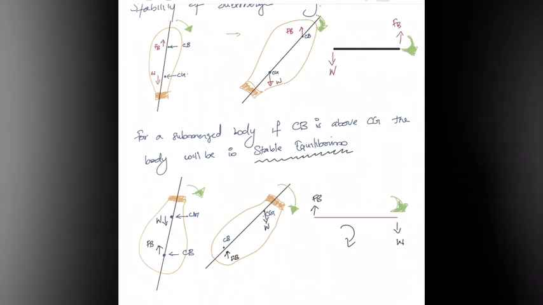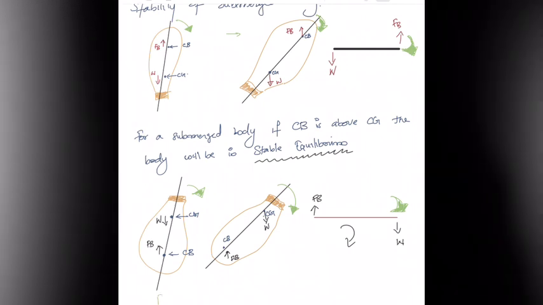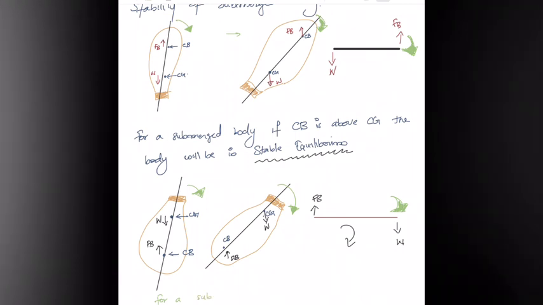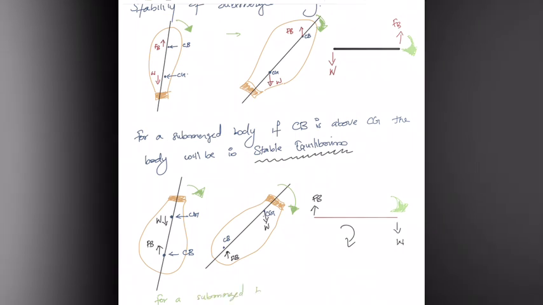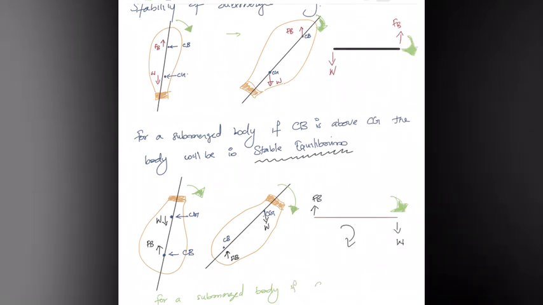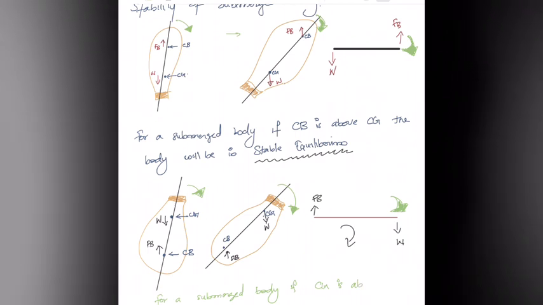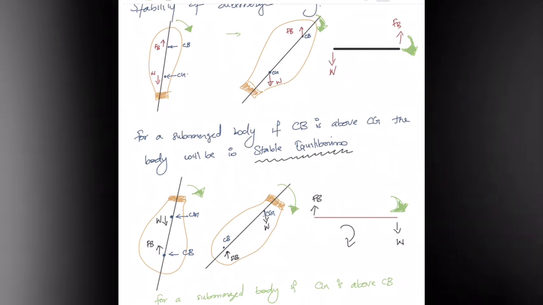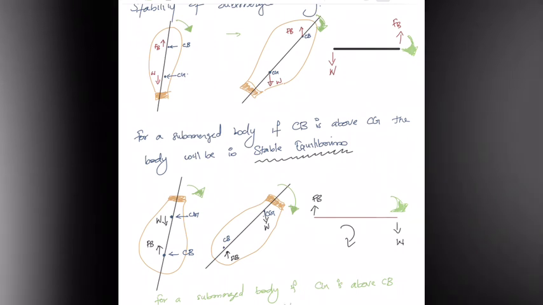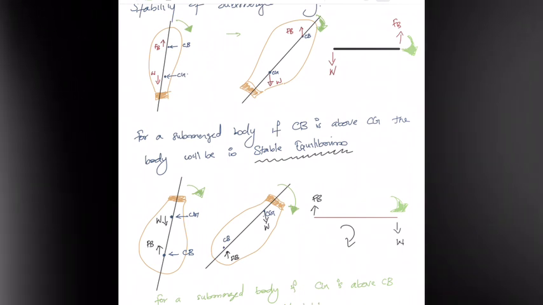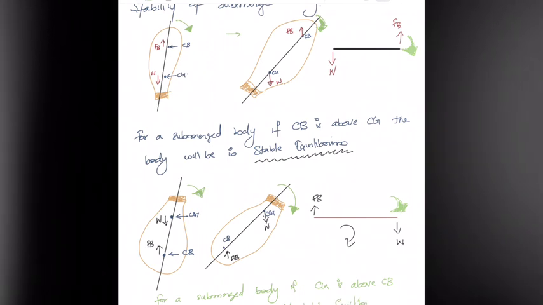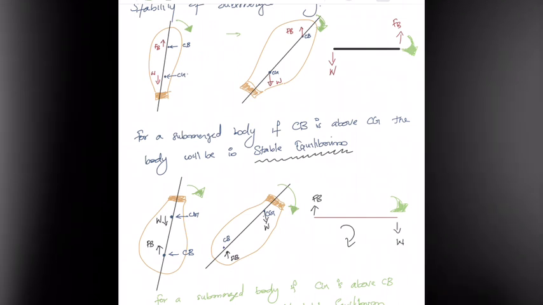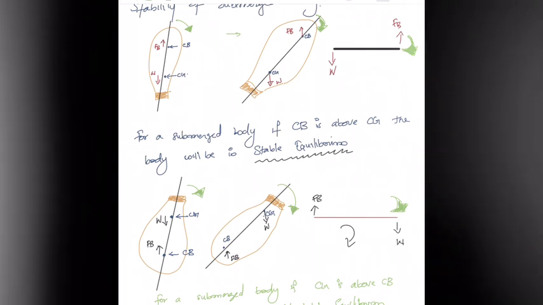So we can write it as: for a submerged body, if CG is above CB, the body will be in unstable equilibrium. Why?